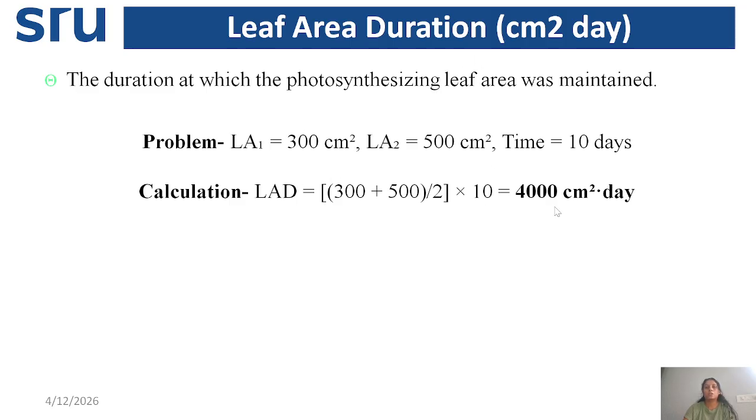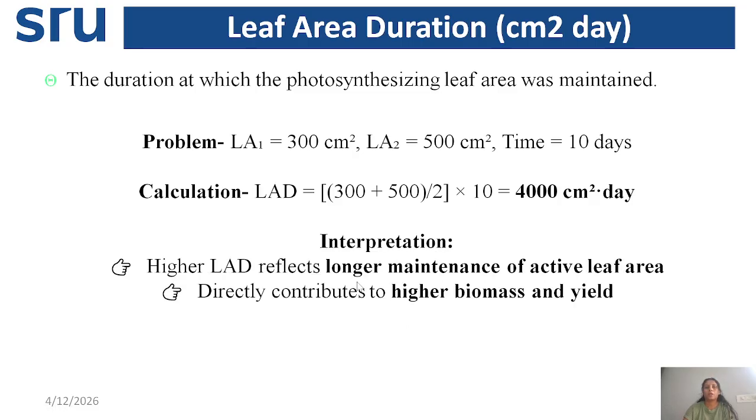If the duration is more, it clearly indicates that the plant maintains healthy leaves over a long period of time. So a higher leaf area duration reflects longer maintenance of active leaf area or healthy leaves, and it directly contributes to higher biomass. Like this we need to interpret the result.